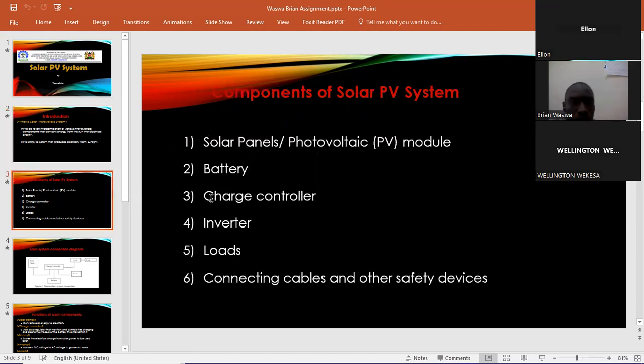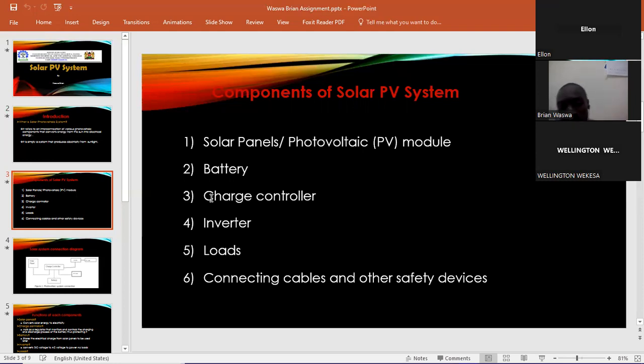Our next section will look at various components in a solar PV system. And these components, the first one is the solar panels, or we talk of the PV module. The second component is the battery. Then the third component, we talk of a charge controller, which acts as a regulator for this solar PV system.